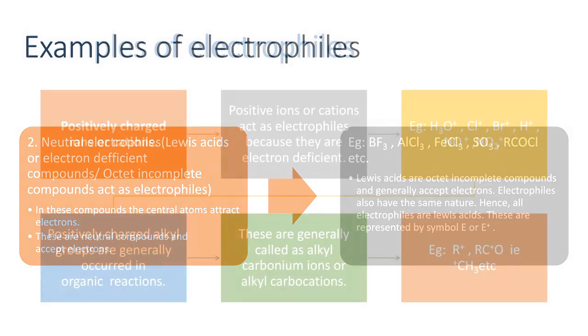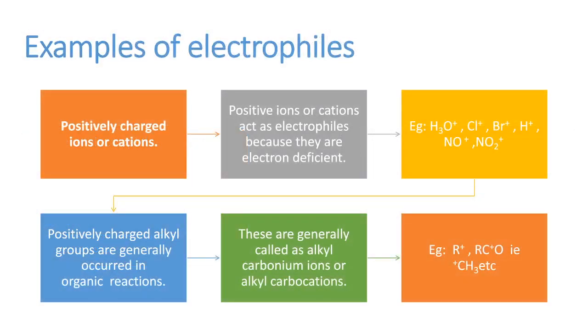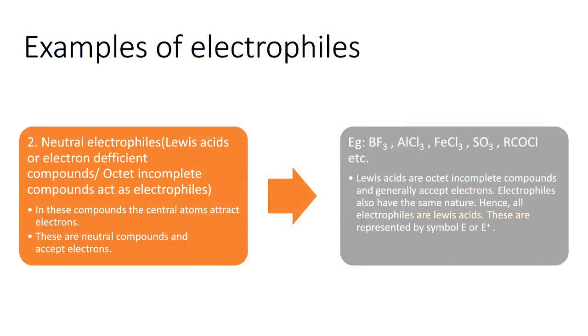Previously we discussed positively charged ions which act as electrophiles. But here neutral molecules also act as electrophiles. Generally these neutral molecules are called Lewis acids because they are electron deficient compounds. Electron deficient means the octet in the valence shell of the central atom is incomplete, that is, 8 electrons are not present.